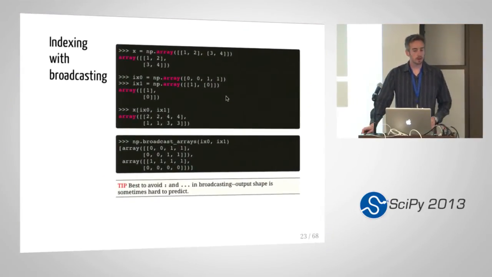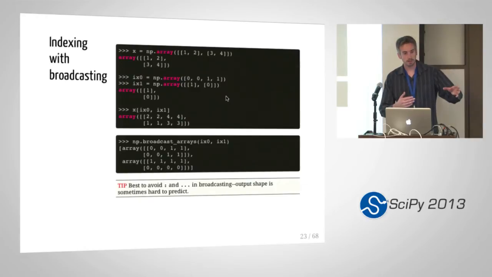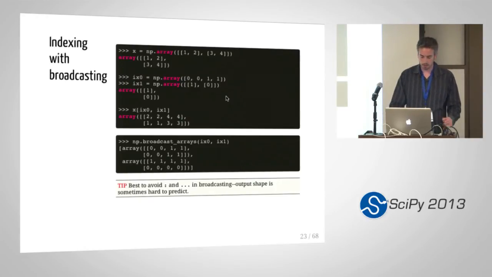You can also, when you do indexing, use the colon and the ellipsis, but I would recommend against that because the output gets a little bit tricky to explain or to predict when you're starting to broadcast arrays against colons and against ellipses.